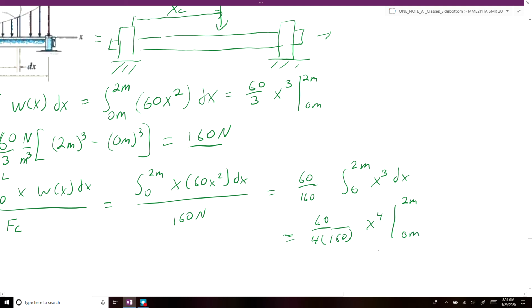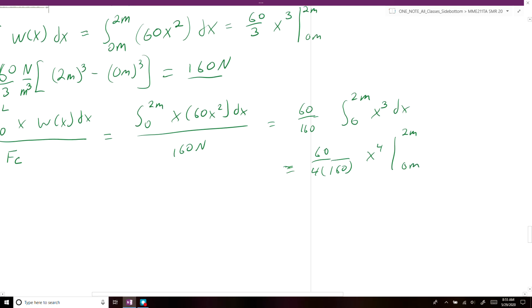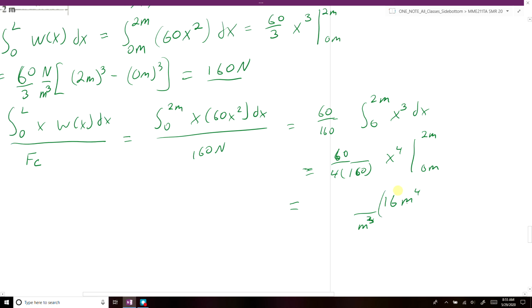If we keep going on this integral, we get 2 to the fourth is 16 meters to the fourth, and then this would have to be equal to newtons divided by meters. I'm sorry, this would have to be meters to the third here, minus 0 meters to the fourth.